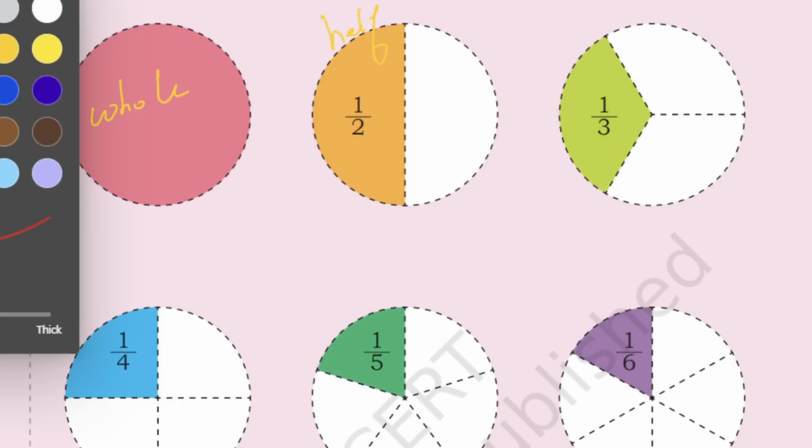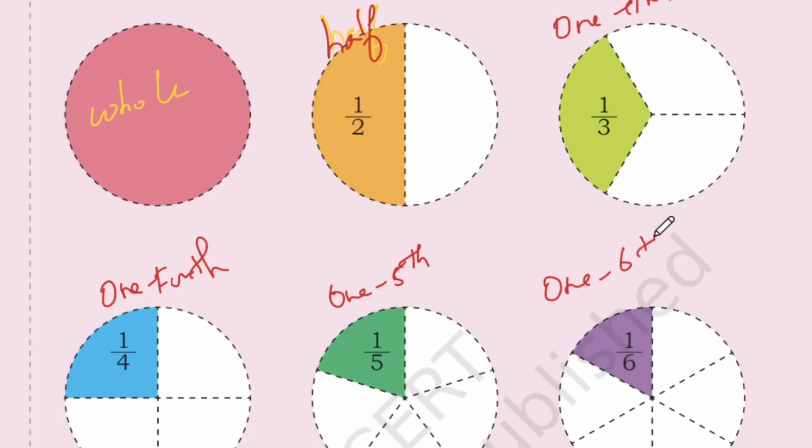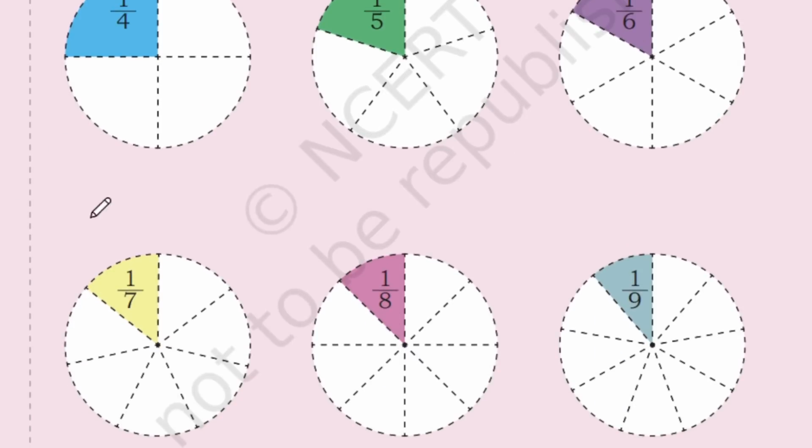So we have half, and we have 1/3, and here 1/4, and we have 1/5, and we have 1/6 part, and 1/7 part, 1/8, and 1/9. So what is the observation here?